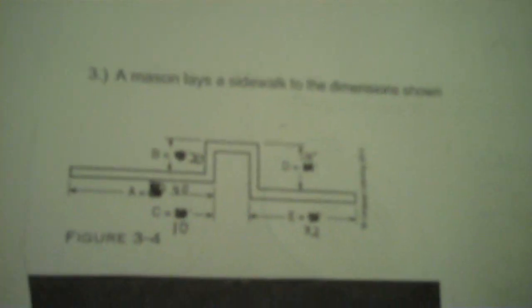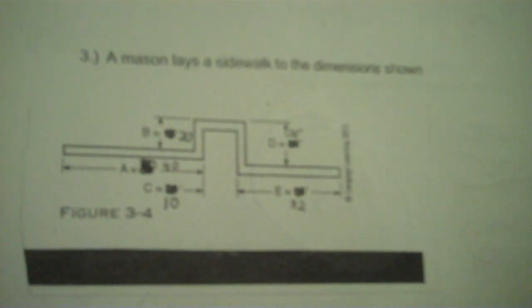Okay, number 3. A mason lays a sidewalk to the dimensions shown. So A is a distance of 40, B is a distance of 20, C is a distance of 10, D is a distance of 25, E is a distance of 32. And those are in feet. Okay, 1 apostrophe means feet, 2 apostrophes mean inches. What decimal fraction of the total length of the sidewalk is distance E? So it's essentially E over the total.